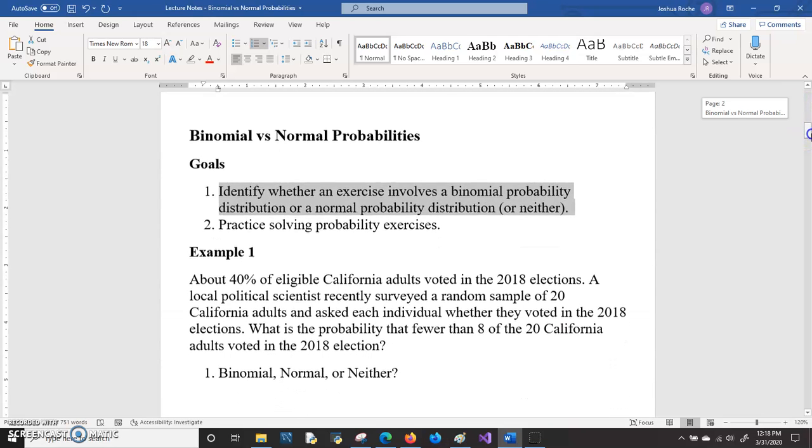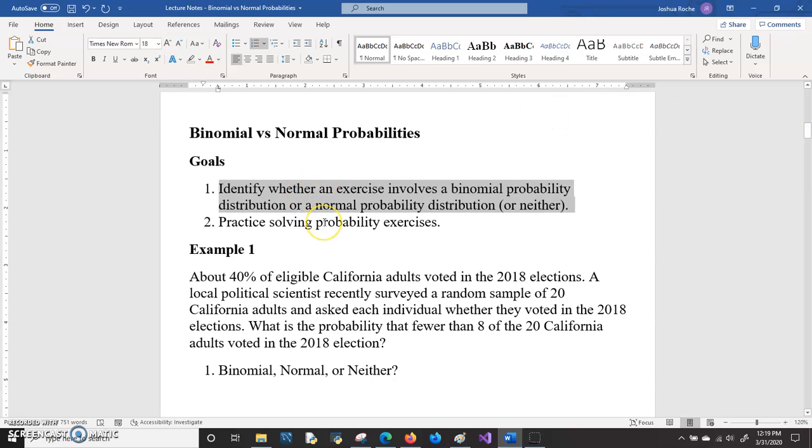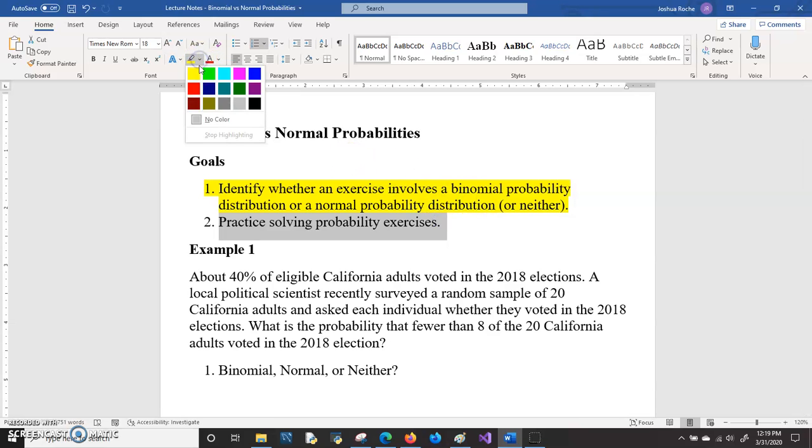The goal of this lesson is first to practice identifying whether an exercise involves a binomial probability distribution or a normal probability distribution or neither. It could be something else. Another goal is just to practice solving those kinds of problems.